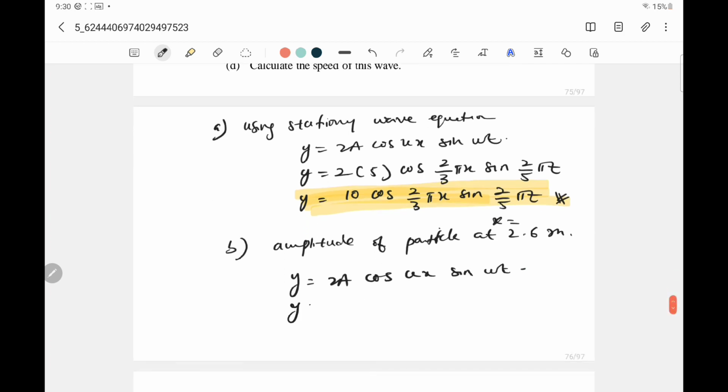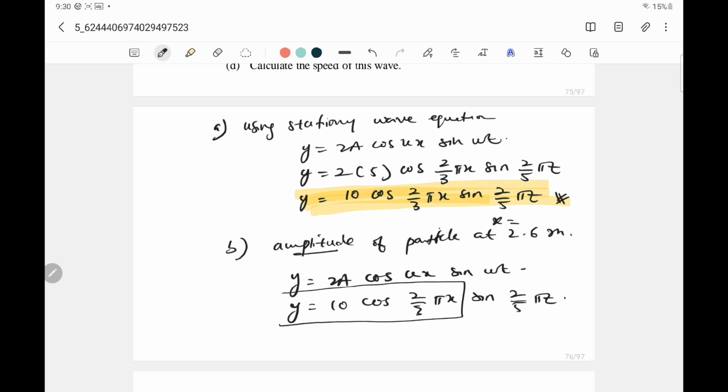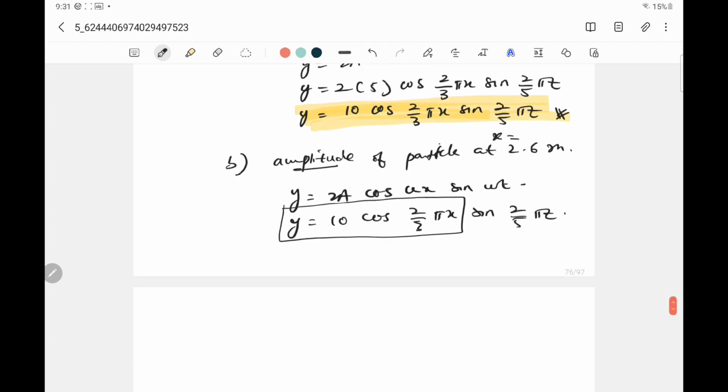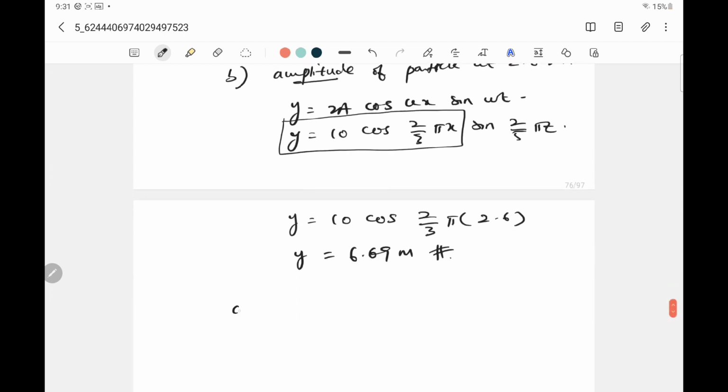We have y equal to 10 cos 2/3 pi x sine 2/5 pi t. So remember, to find the amplitude, we only use this one. Okay, we only use this one. So we have y is equal to 10 cos 2/3 pi times your x, which is 2.6. So your y is 6.69 meters.